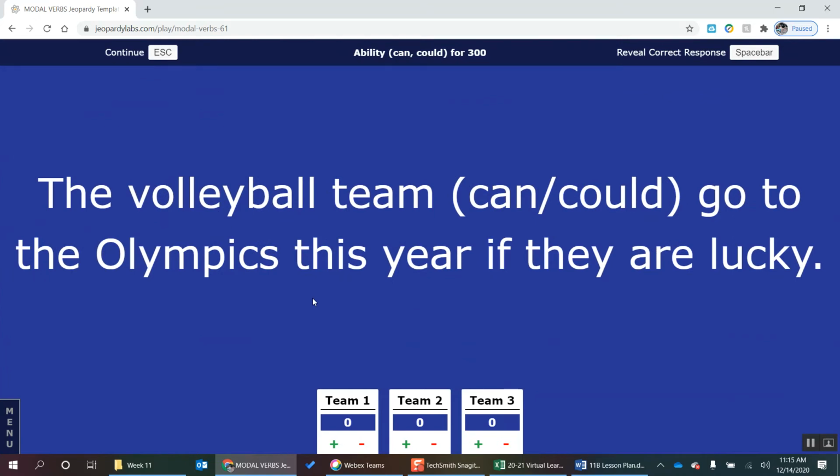The volleyball team blank go to the Olympics this year if they are lucky. If they are lucky. So actually, okay, on your pink sheet, this doesn't have it on there for can or could. But under could, if you want to, you can write the conditional.